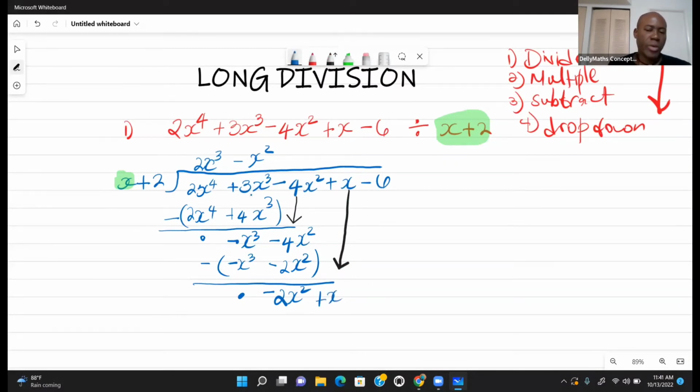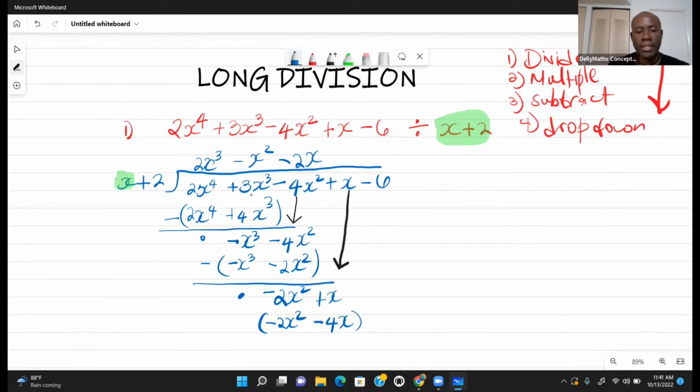So now we divide again. We're going to divide x into the negative 2x squared, and we get negative 2x. When you multiply negative 2x by x plus 2, we get negative 2x squared, and then negative 4x.